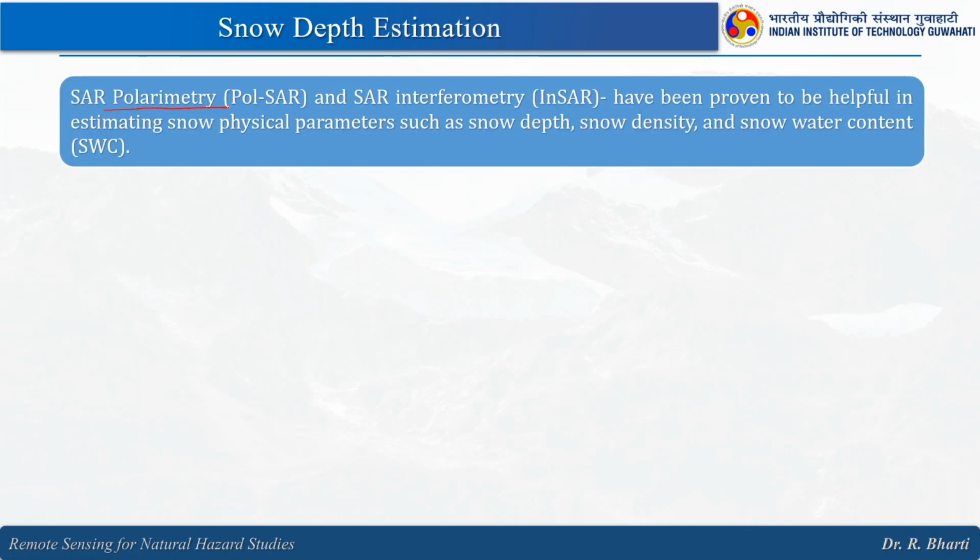SAR polarimetry, or we also call it polarimetric SAR, and SAR interferometry, which is also known as interferometric SAR, have proved to be helpful in estimating snow physical parameters such as snow depth, particularly snow density and snow water content, right.